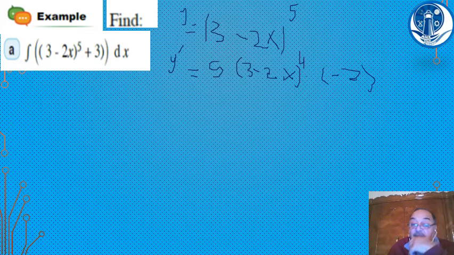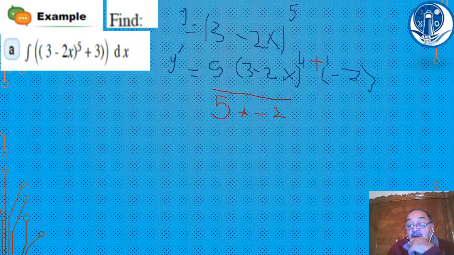We have to add 1, yes, and divide by the new power, and times the derivative inside the bracket, which is negative 2. Okay, notice that. This is the original function.